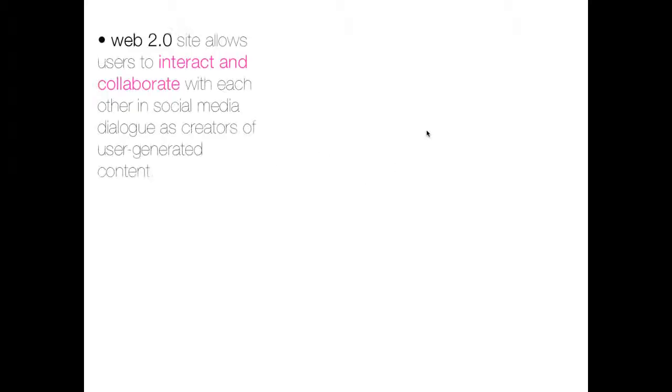However, later, around 2003, the term Web 2.0 began its rise in popularity. And what does Web 2.0 do? It allows users to interact and collaborate with each other in social media dialogue as creators of user-generated content.